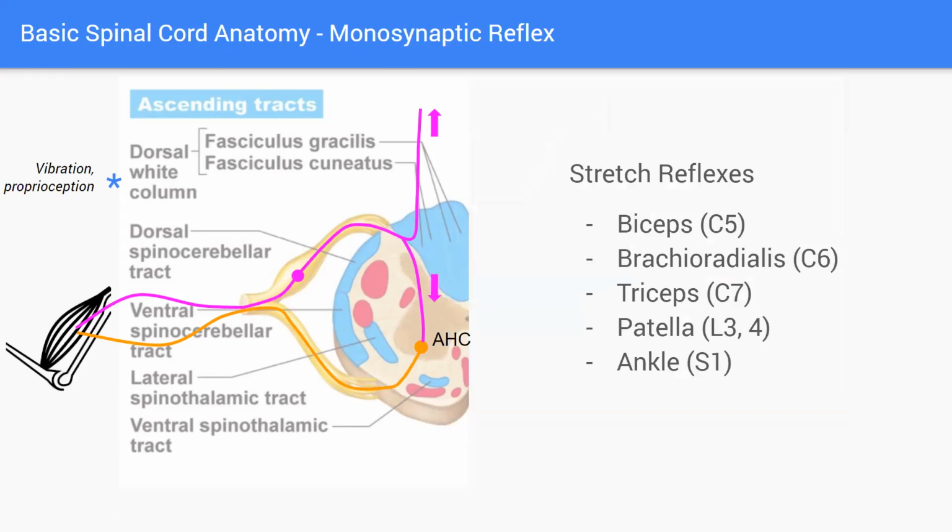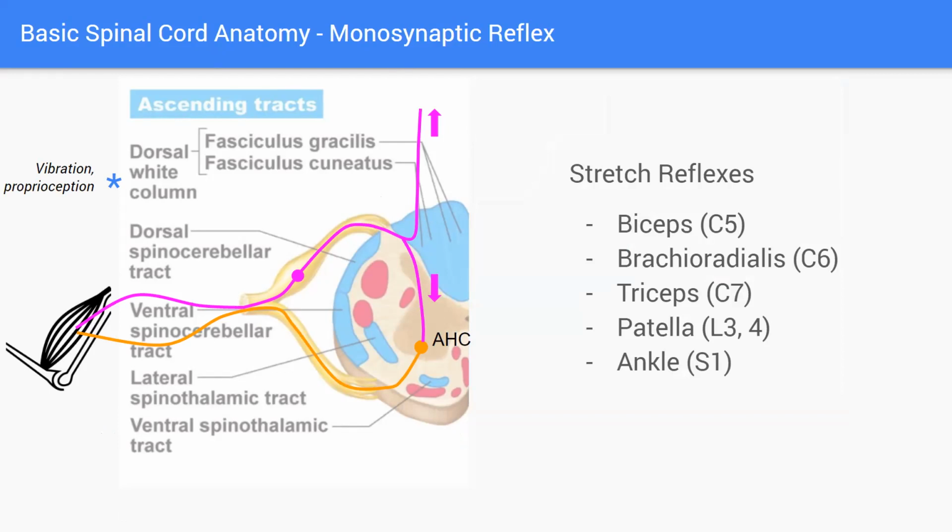And so the final thing I want to talk about in relation to basic spinal cord anatomy is the monosynaptic reflex. If you have a good understanding of this, a lot of the clinical pictures that will come up will make a lot of sense as well. The simplest reflexes that we can think of are these stretch reflexes that have been talked about both in block J as well as block H, if I'm remembering correctly.